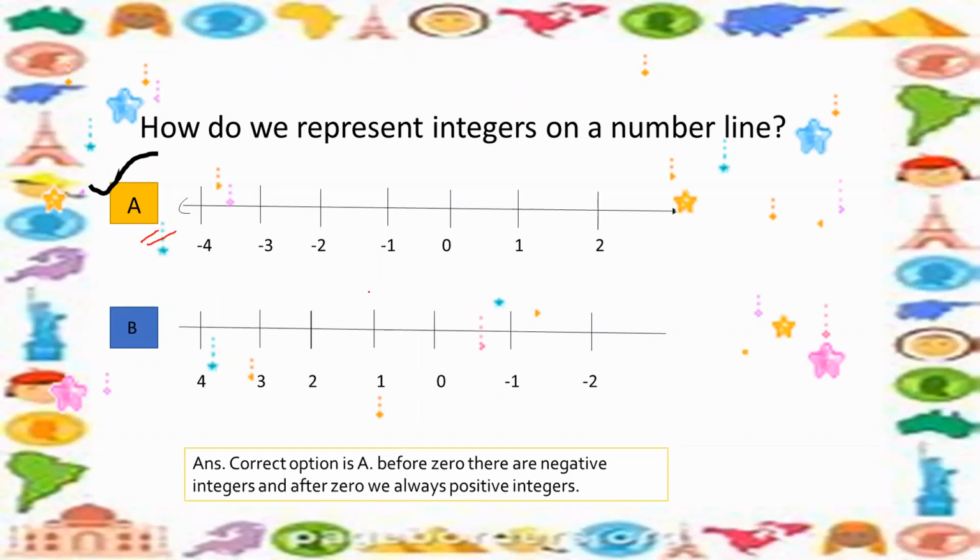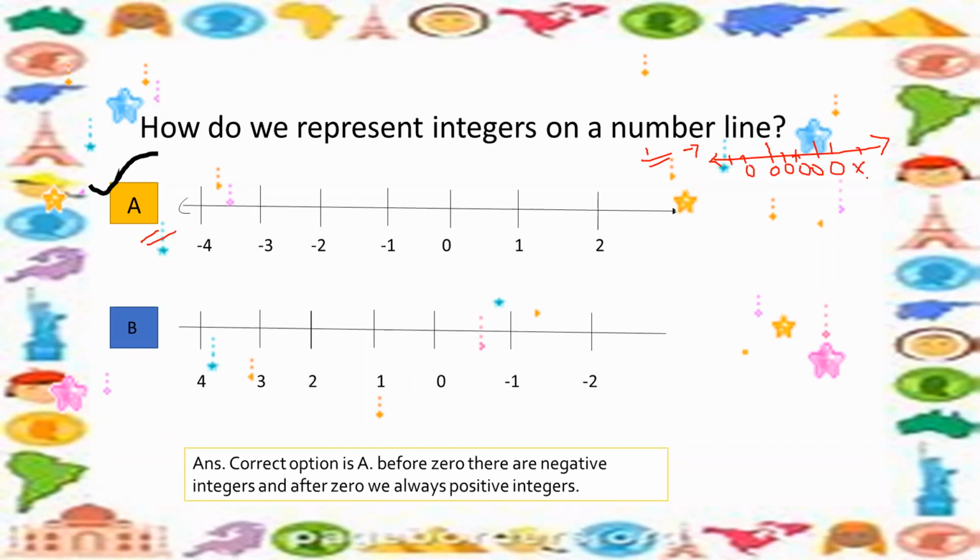Why? See, there are two cases. The first case is where 0 should be placed. If this is a number line, we know this is how we make it. This is normal, and the 0 can be placed here, here, here, here, and here.